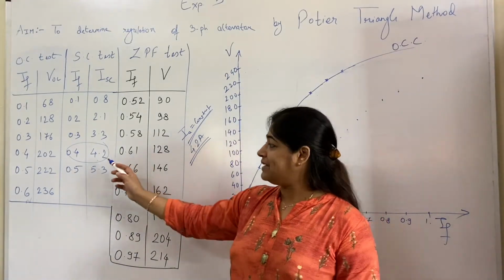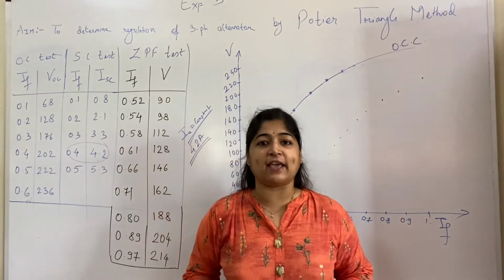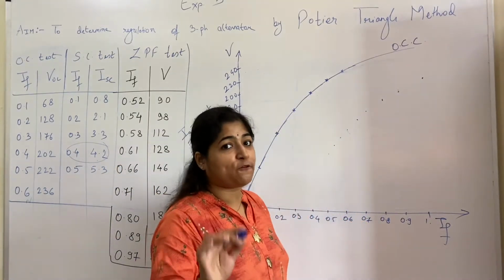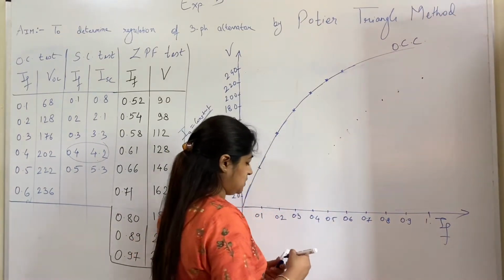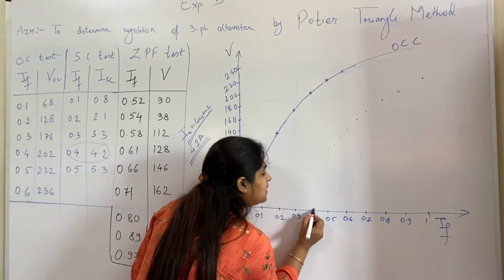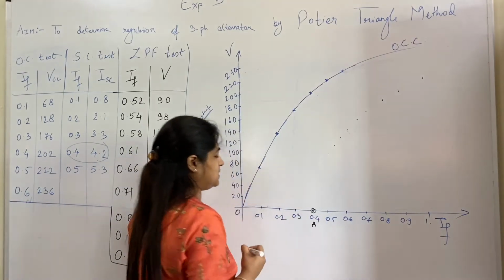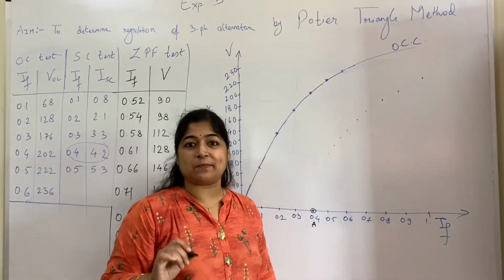So 4.2 ampere we were getting at 0.4 IF, and the same 0.4 will be our point A. So this is point A. From this point you will draw your ZPFC.